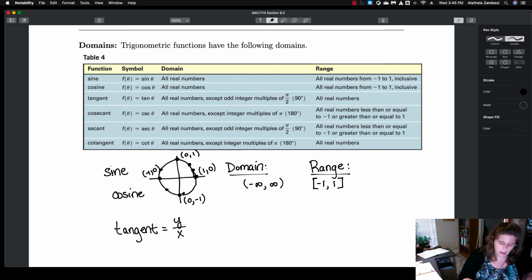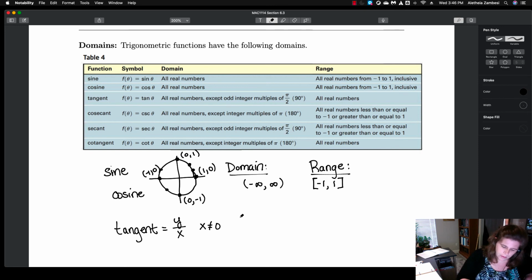If we're talking about this line right here, the y-axis, then if we put x in as 0, we have a problem in this domain. So here x cannot equal 0. That means the tangent function is not defined on the 90-degree lines, or pi over 2. So it's considered all real numbers except for pi over 2 and integer multiples of pi after that.